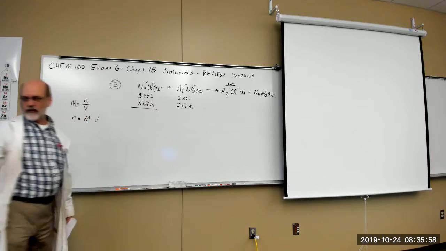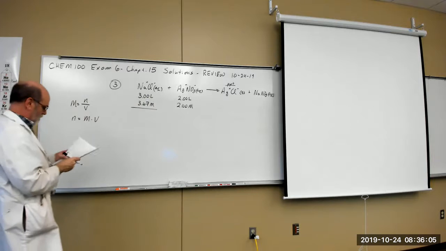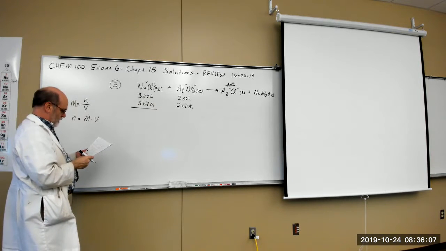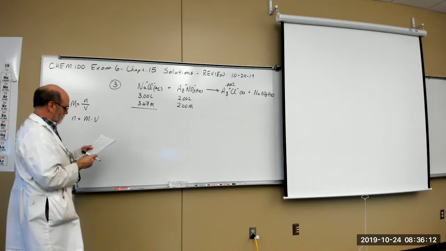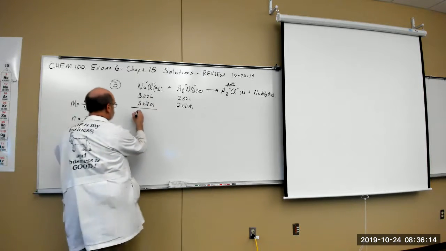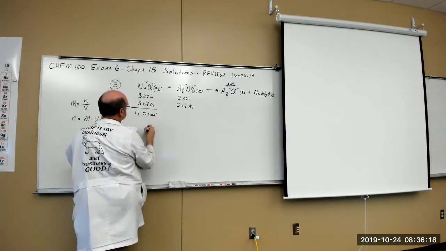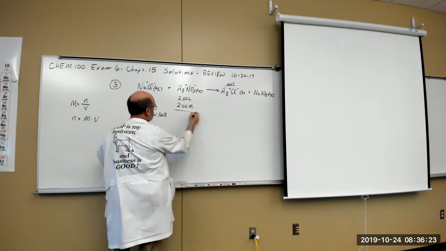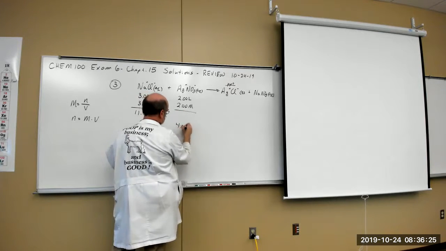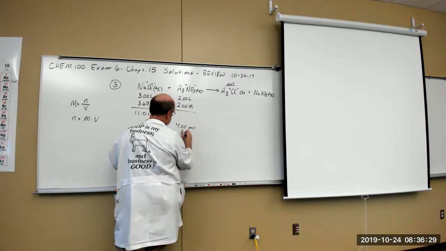So 3 times 3.67, I'm going to get my calculator out. Let's see. Oh, here we are. This is 11.01 moles of sodium chloride. And this is 4 moles of silver nitrate.